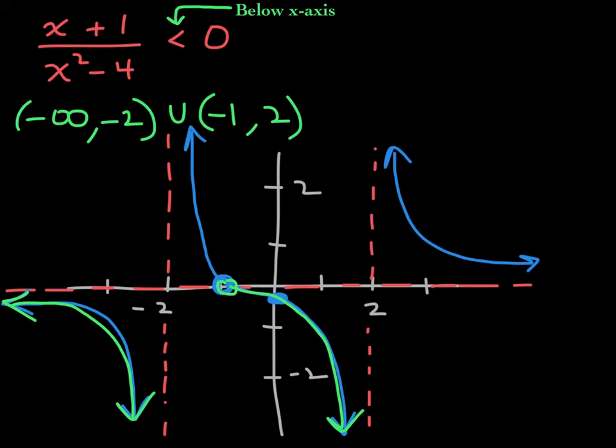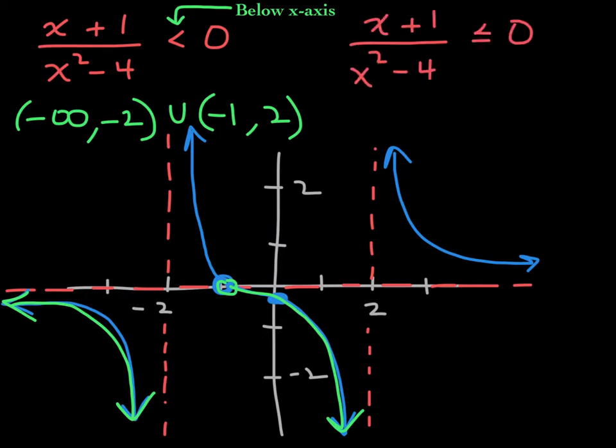Now, we have parentheses on all of our endpoints because the inequality is strict. Okay, that's it. That's the answer to the question. All of the hard work is already done because we have the graph. Now notice what was the most important part of this graph in order to answer the question: the vertical asymptotes and the x-intercept. All right, let's answer another question with regard to this graph, okay?